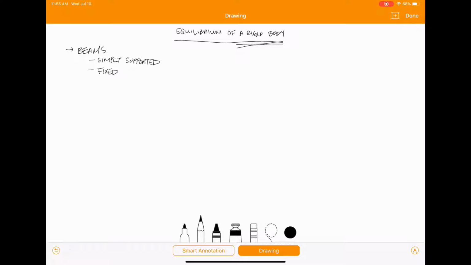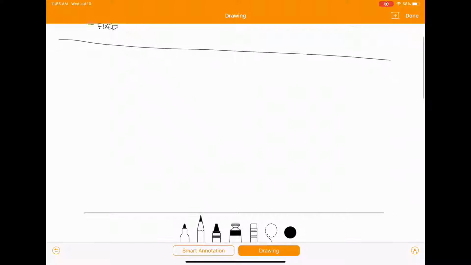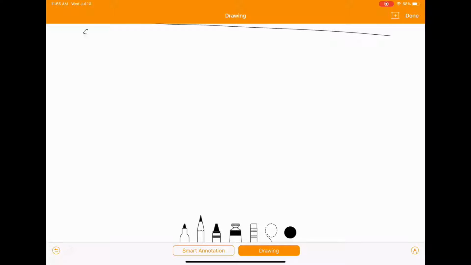We're going to learn how these are different, what it means, and more specifically, what reactions are associated with each of these beams. So, let's start out by looking at a simply supported beam.